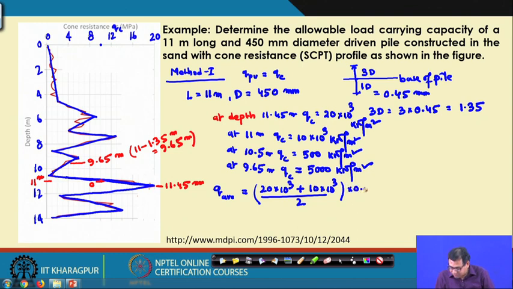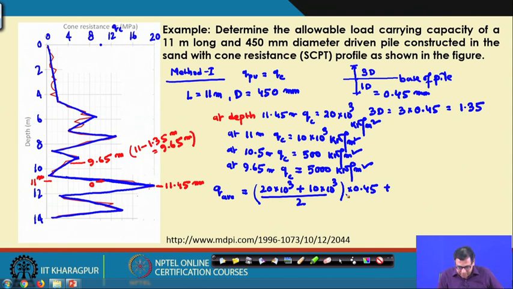I am taking the average of this zone below the base of the footing, and the thickness of that zone is 0.45, so I multiply it by 0.45.